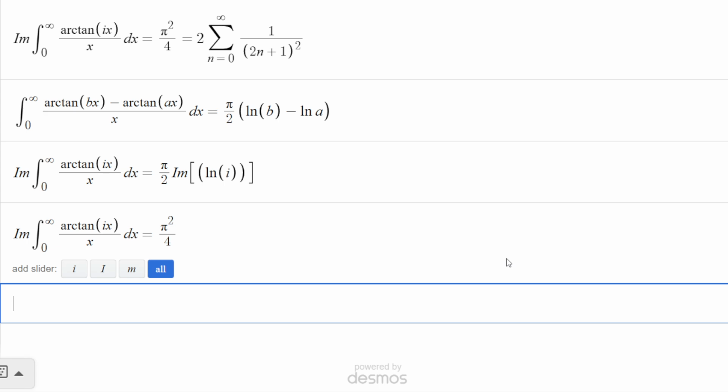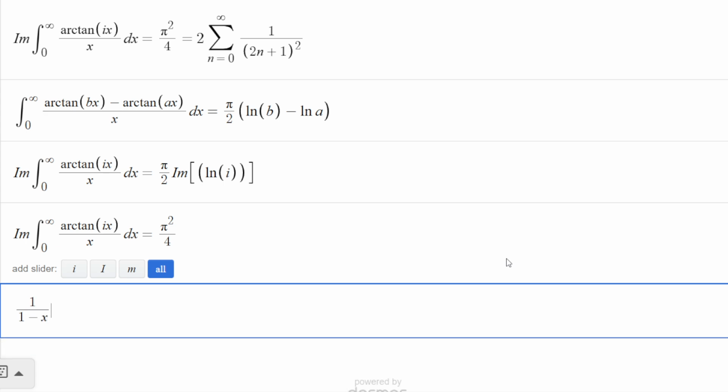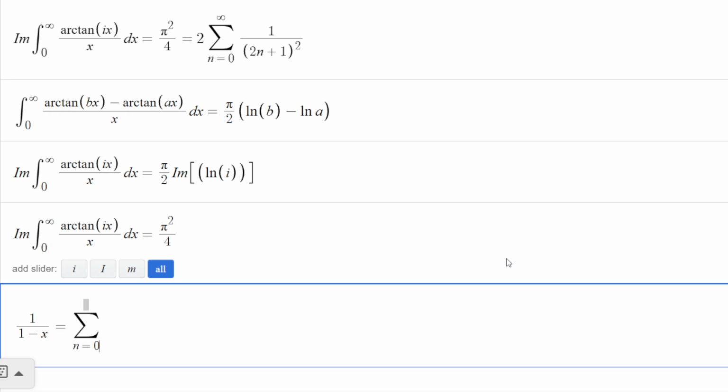We know that 1 over 1 minus x is equal to the sum as n goes from 0 to infinity of x to the n.